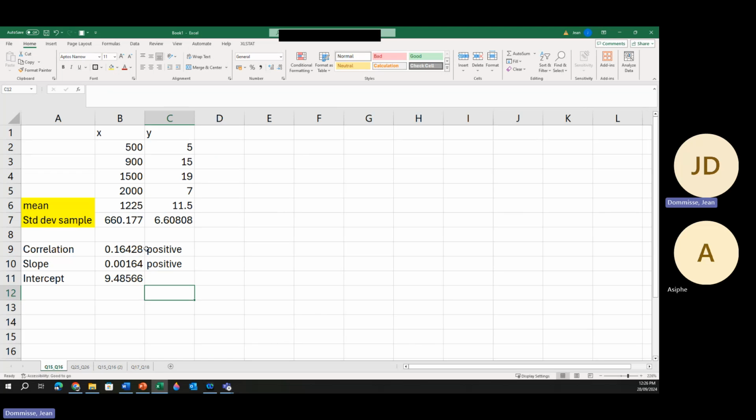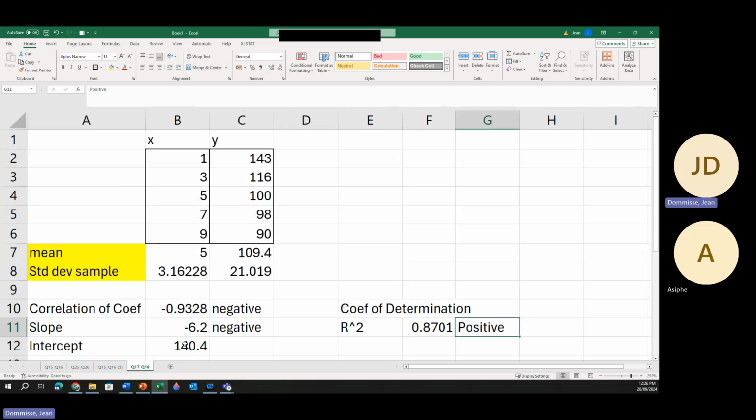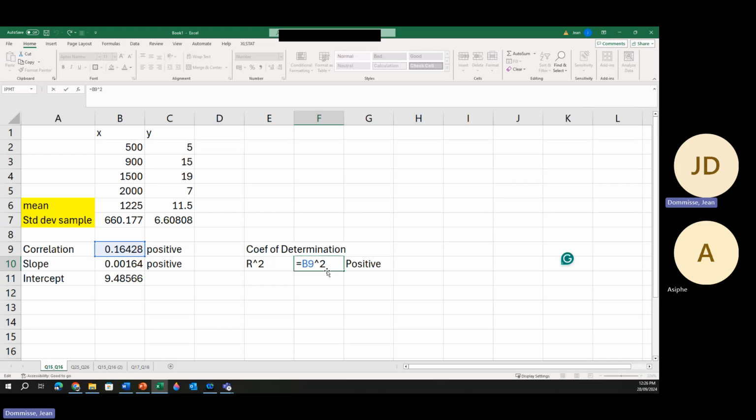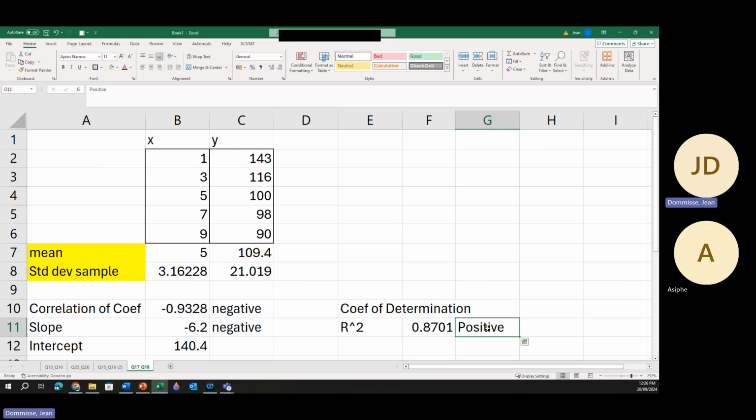And positive times positive will also always give you a positive.